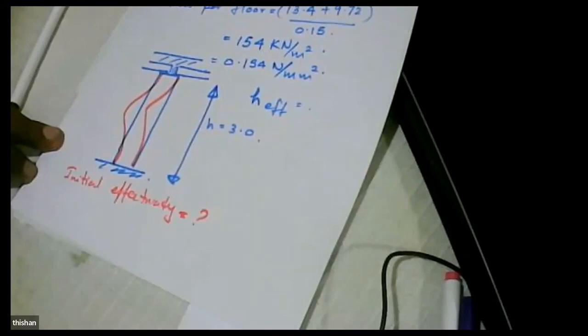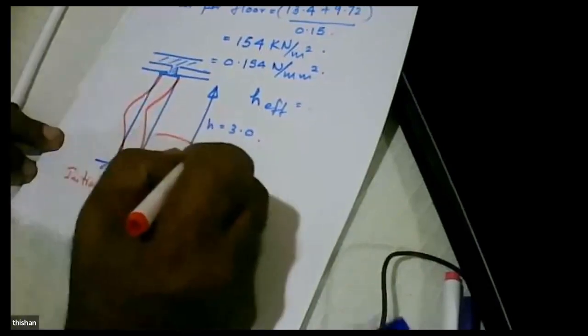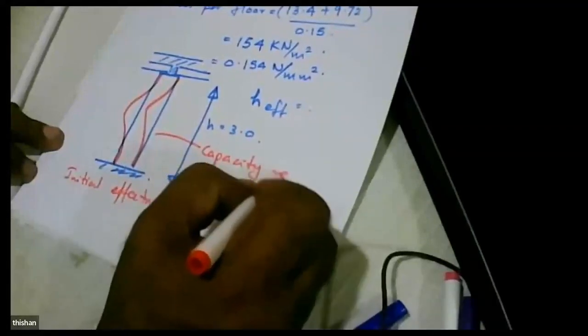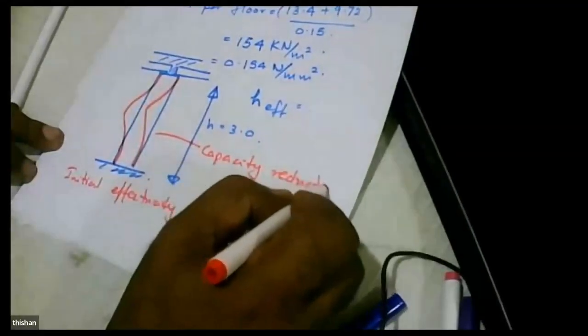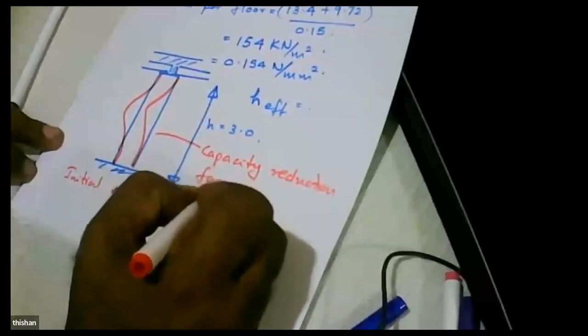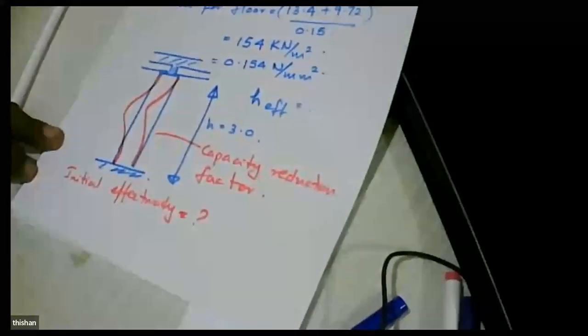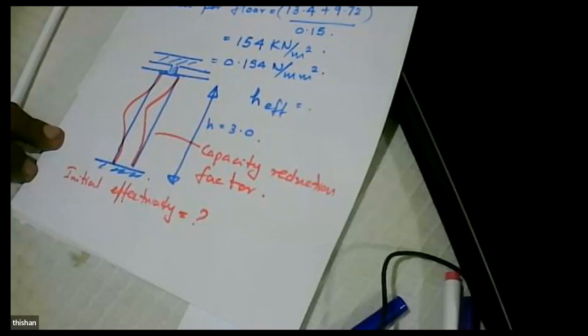That means we have to see what is the capacity reduction factor to be considered to allow for buckling. That means we are going to have a slightly lesser capacity.